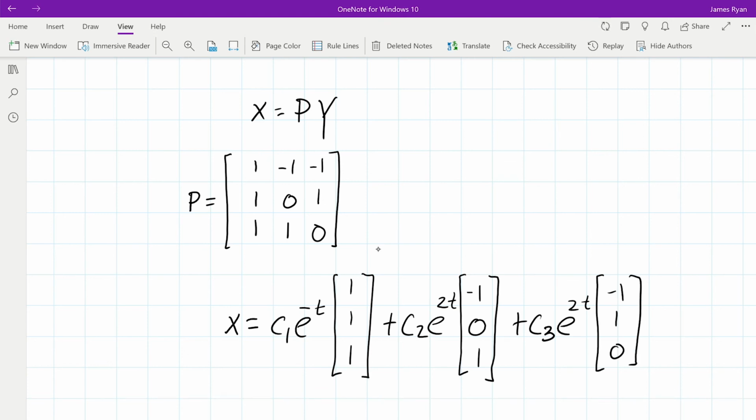And this is the solution to our system of differential equations.